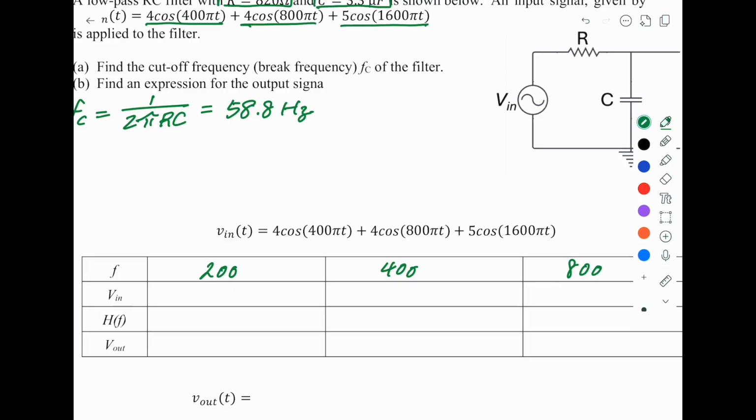The input signal for 200 Hertz is 4, and there's no phase angle here, and this is 4, also no phase angle. 5, the phase angle also is 0.